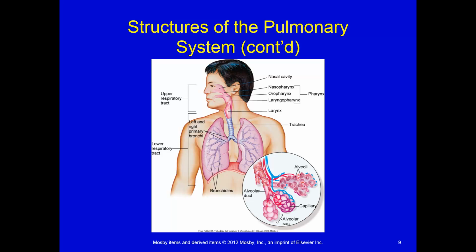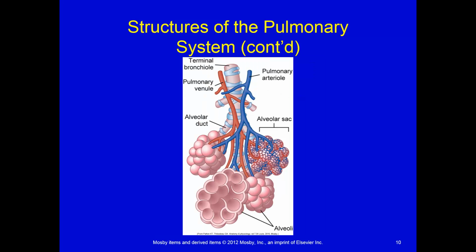So all the gas exchange between the respiratory and the cardiovascular system occurs through these networks of arterial and venous capillaries. Perfect. And here's an even tighter picture of how much blood supply is in and around every single alveolar sac. Again, we're going to talk more about that in just a second.